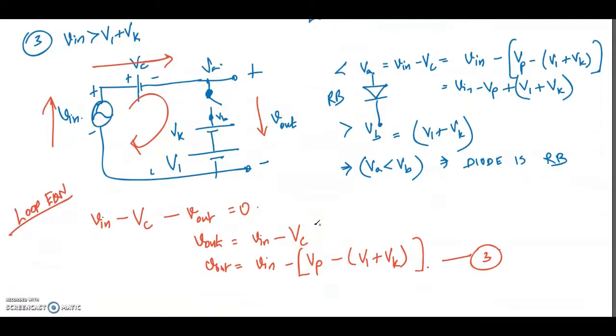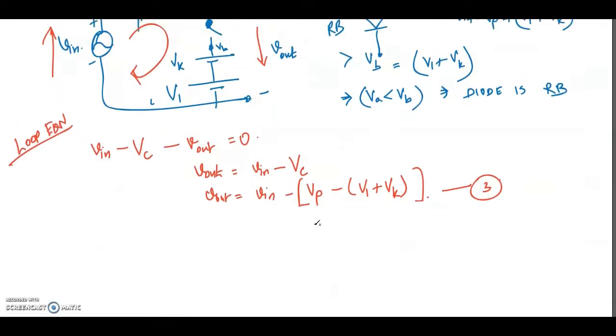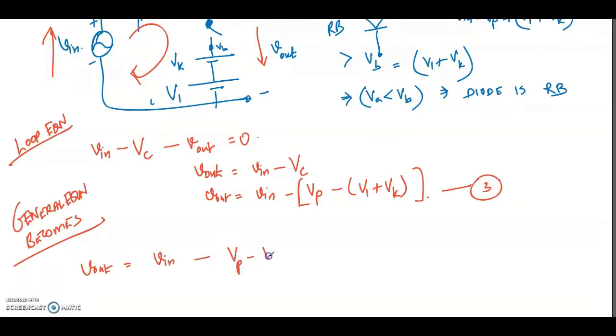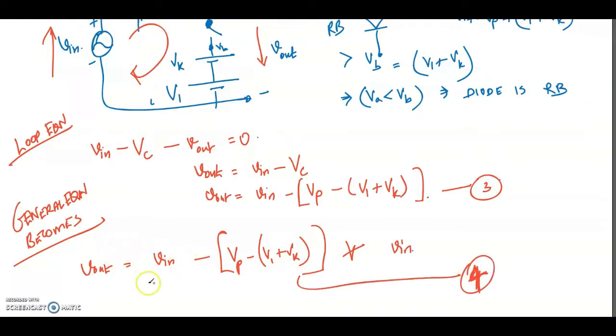Now let's write the generalized equation for Vout. Therefore, the general equation becomes Vout is equal to Vin minus Vc, that is Vp minus V1 plus Vk. This is Vc for all Vn. Vn can be positive, Vn can be negative. This is the general equation for the output voltage of a negative clamper with positive bias with practical diode.